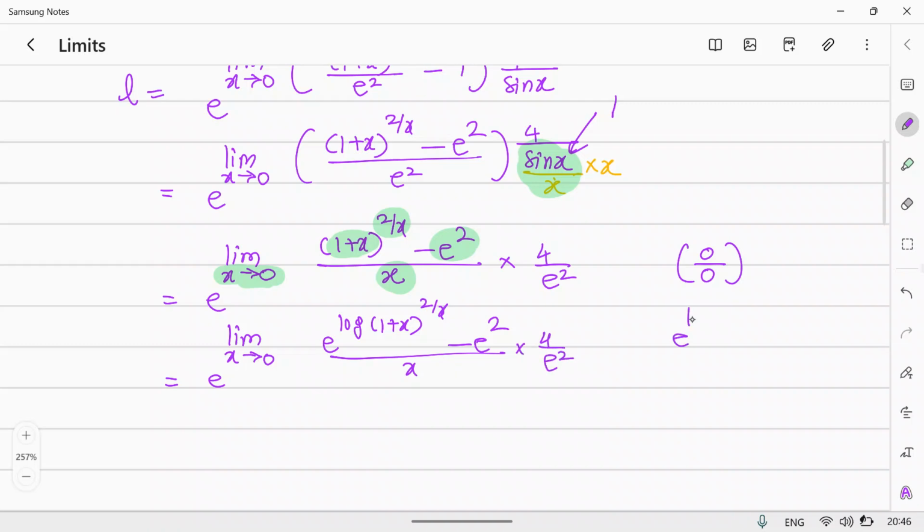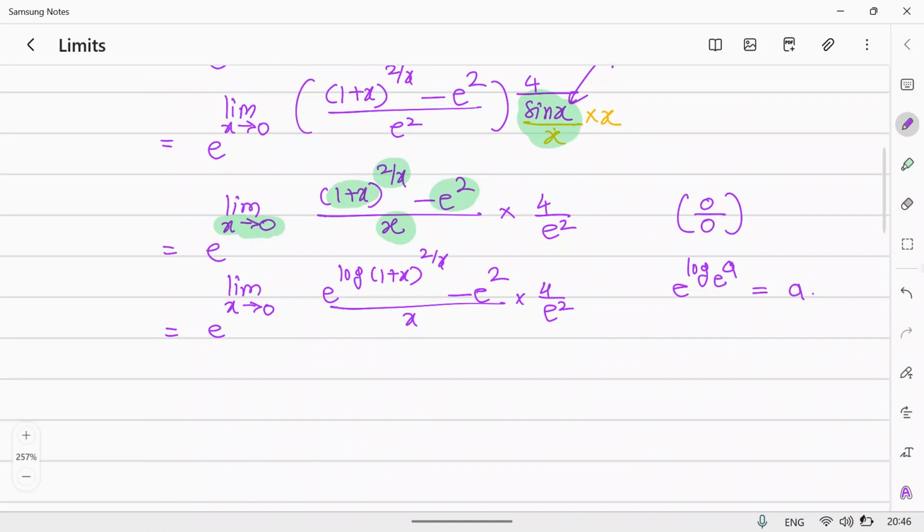As we all know, e raised to log of a is nothing but a, because the base is already e. I did the same thing over here, the base is e. So 2 by x will come down and this will look something like this: limit x tends to 0, e raised to 2 by x log of (1 plus x), minus e square upon x into 4 divided by e square.